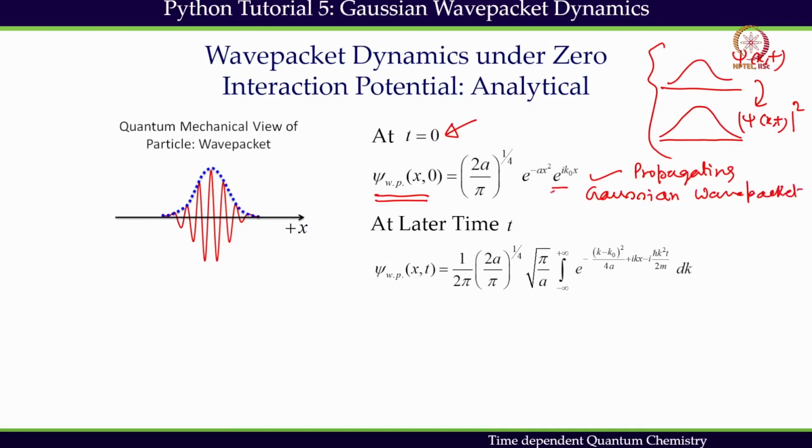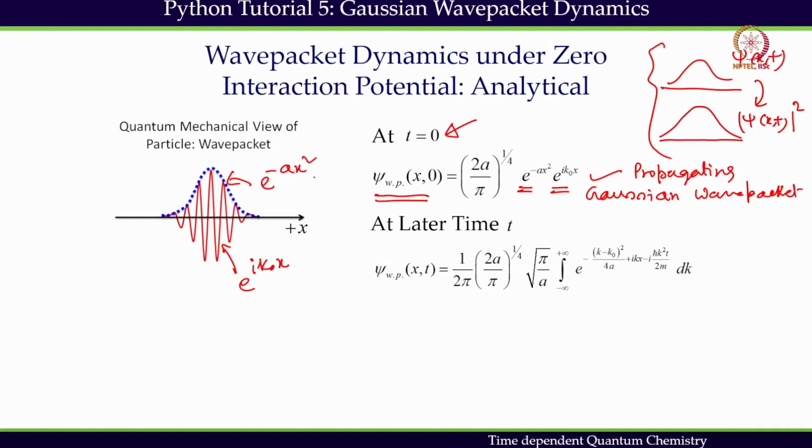So this part is responsible for the propagation and this part is responsible for the envelope. The fast varying component is represented by e to the power i k naught x, and the envelope function, the blue part, is given by e to the power minus a x square.